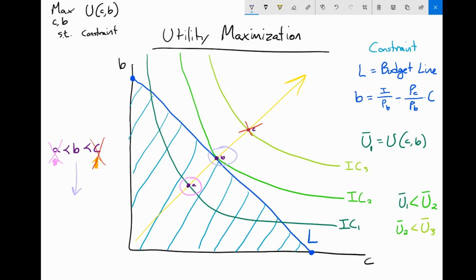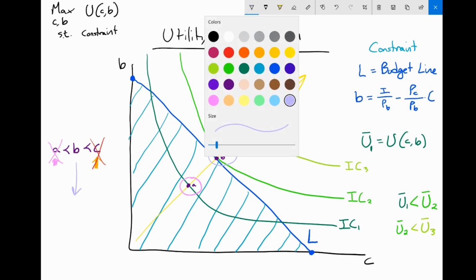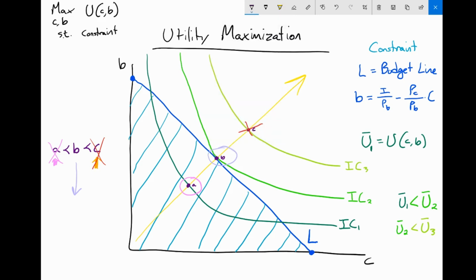Okay, this is actually a little bit confusing. Let's turn this into bundle D, just to not confuse ourselves with bagels and coffee. Bundle D is some combination of bagels and coffee. They're going to choose bundle D because it gives them the most utility within the possible bundles that they can afford.